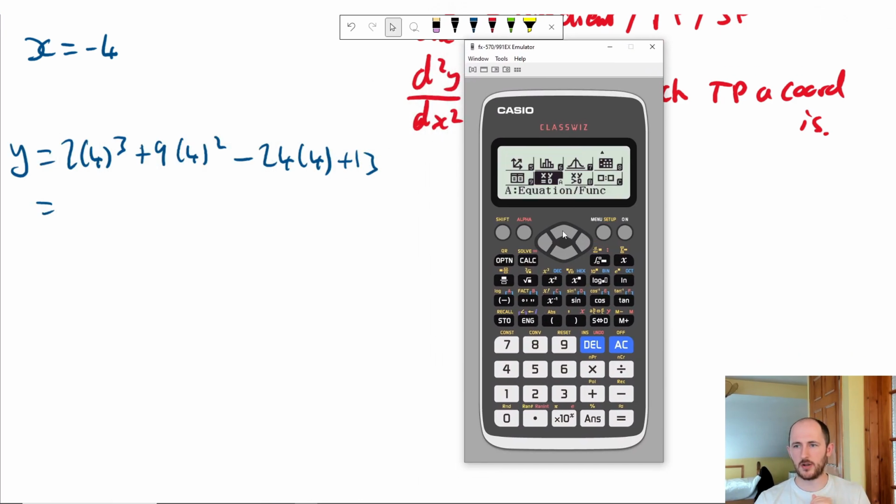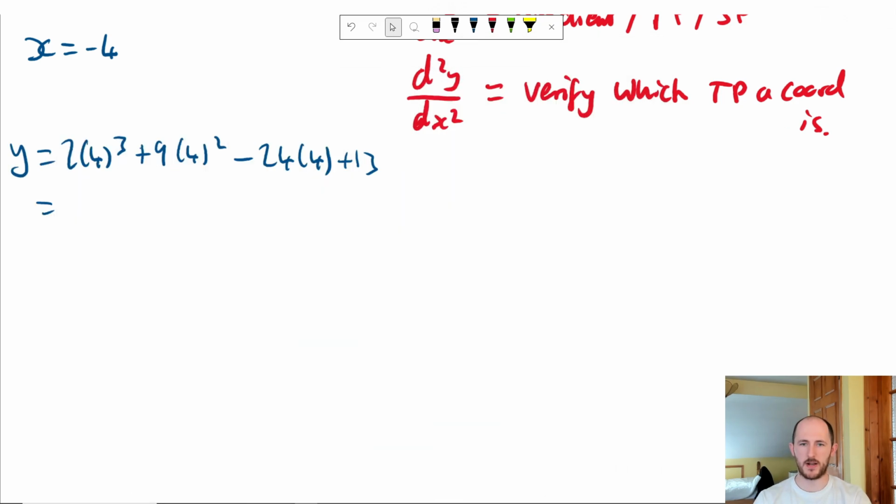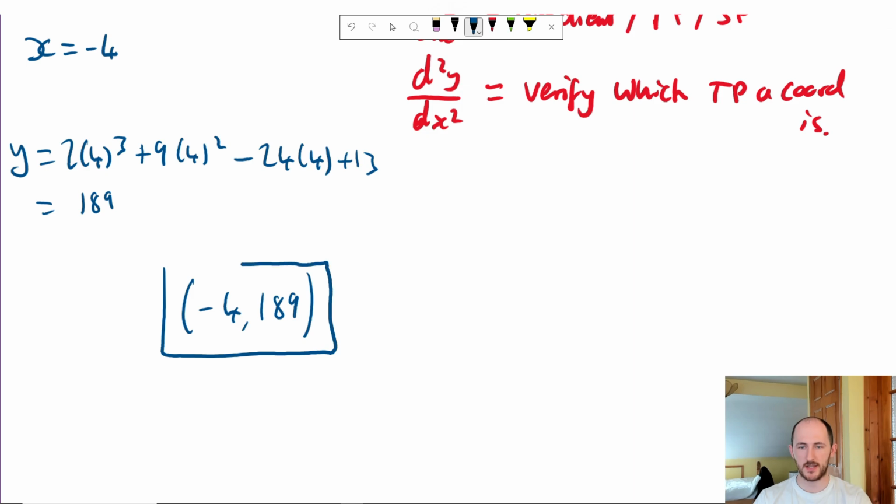Again, go to menu, go back to the top. So 2 times 4 cubed plus 9 times 4 squared minus 24 times 4 plus 13 gives me 189. That's my y coordinate. And for the very last thing, I would literally write the coordinates minus 4, 189, and I'd even put it in a box so that way the examiner has no excuse.